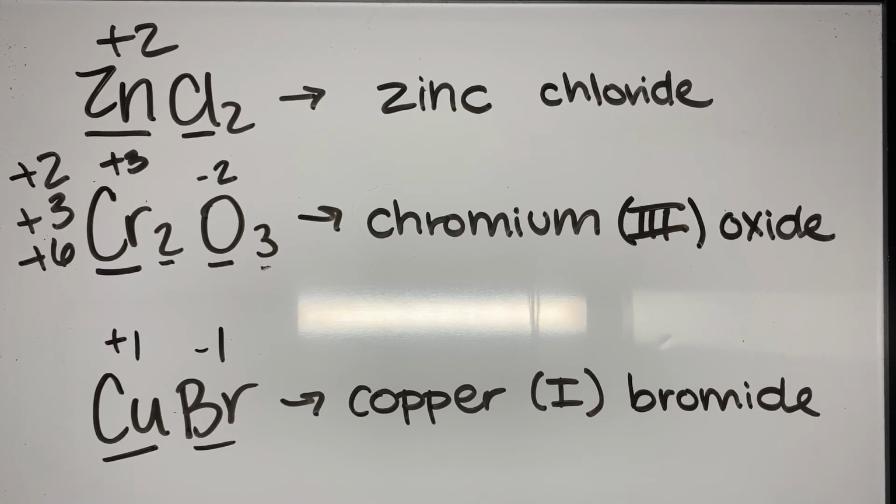It's in group 14, but it can form multiple charges, and also lead. The only other one that I might pull out from time to time is gold, but out of all of the transition metals, I really only pull from those, if that helps you at all. So that is how you name and write formulas for transition metals, or ionic compounds containing transition metals.